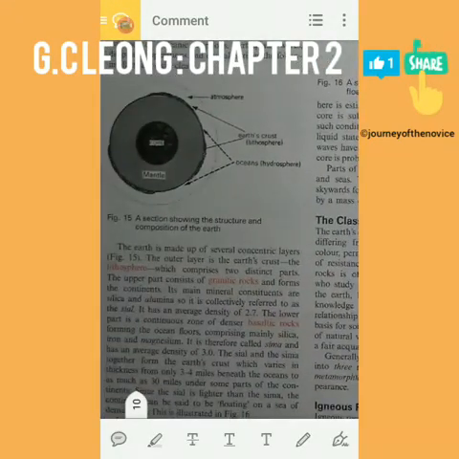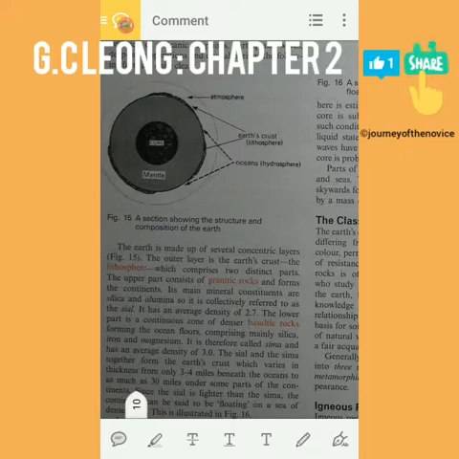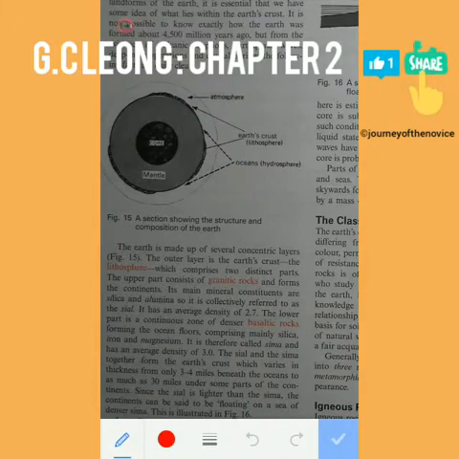Now, this is actually the basic section which shows the structure and composition of the Earth when you cut the Earth into two halves. Basically, this will appear before you. What are the basic domains of the entire Earth is what we're going to talk about in the first section, the structure of the Earth.